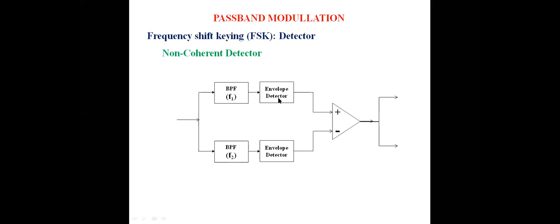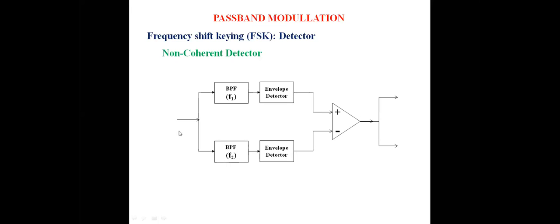So the output of the upper envelope detector is some positive value, it may be AC or some other value depending upon the amplitude. Whereas the input of the lower envelope detector is 0, so the output is also 0. So at the inputs of the comparator, the positive input has a positive value and the negative input has 0. So the difference is positive, and positive is decoded into 1.